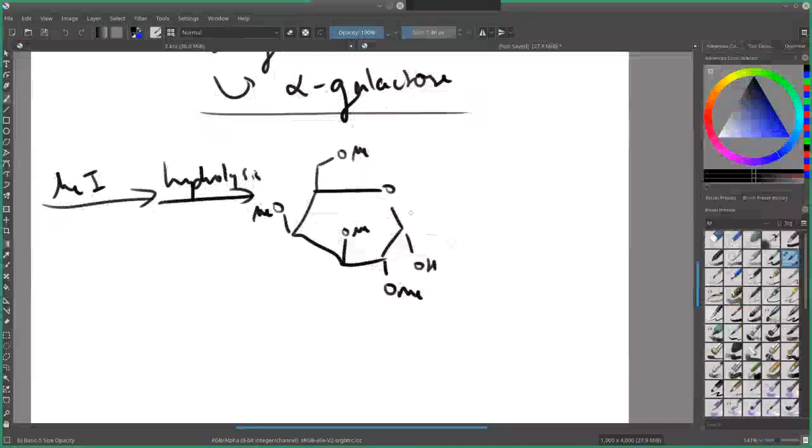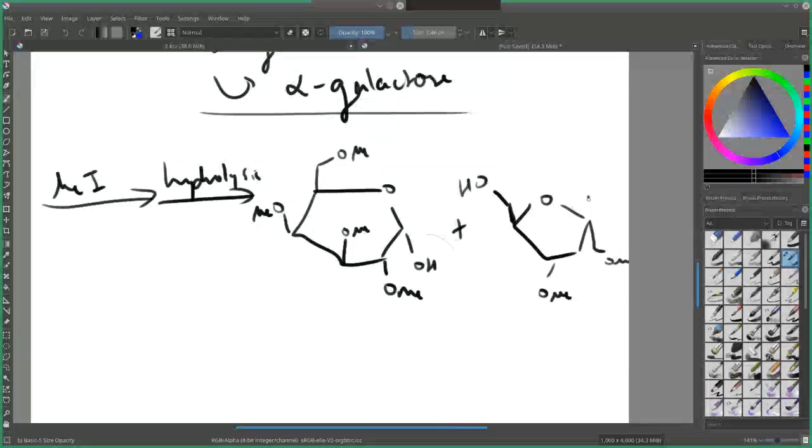All right, and then what they tell us in this other one is that we have, here's our pentagon. And they tell us that we have two alcohols.